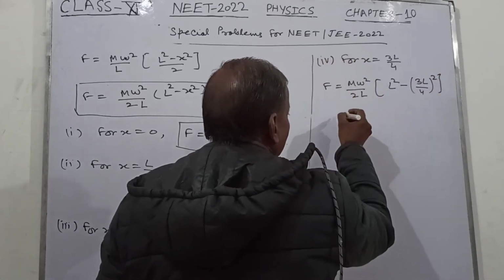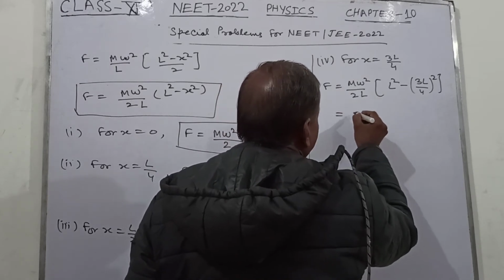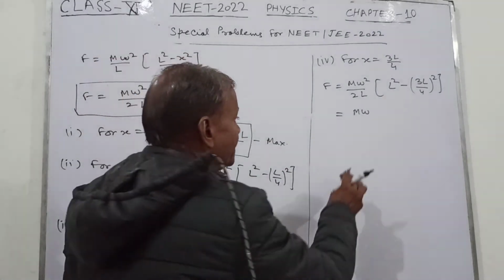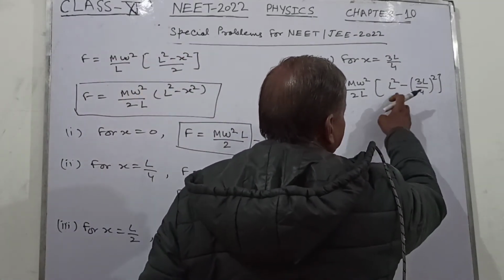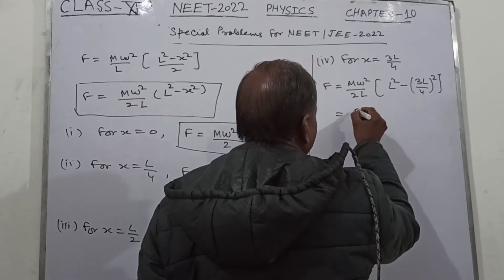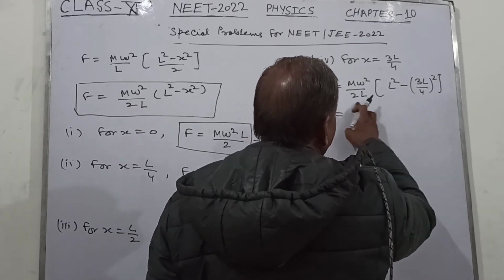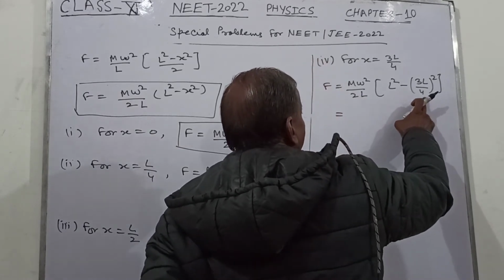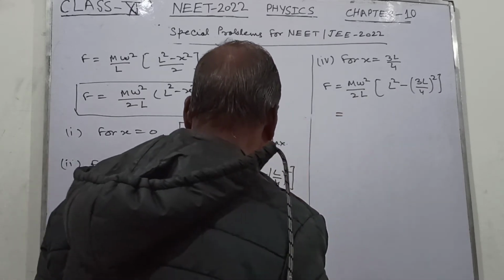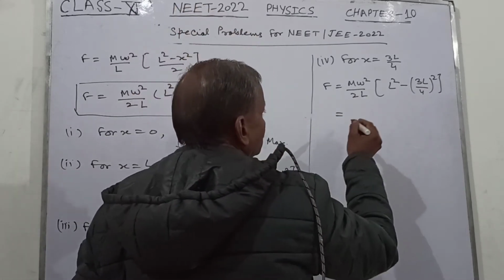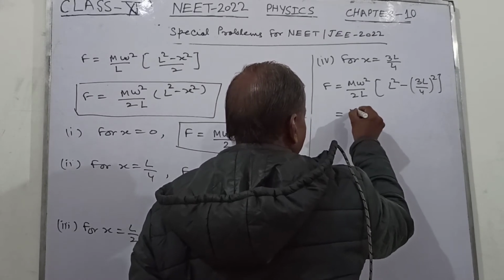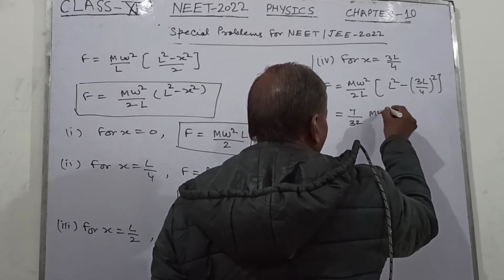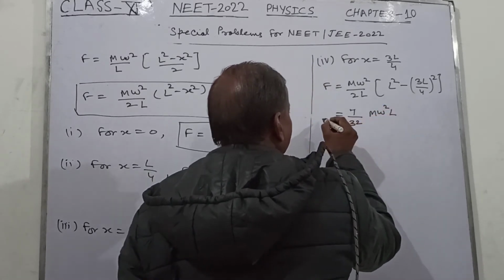If we calculate, this is 16 minus 9, 7. So this is 16 and 2, 32. So this is 7 upon 32 m omega square L.